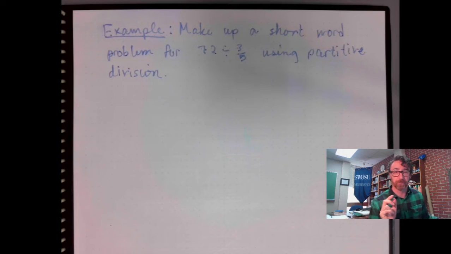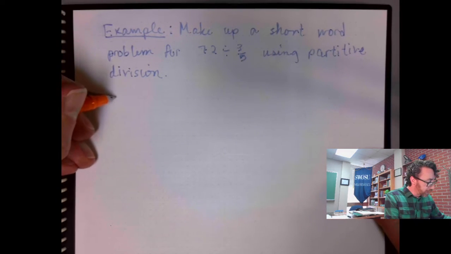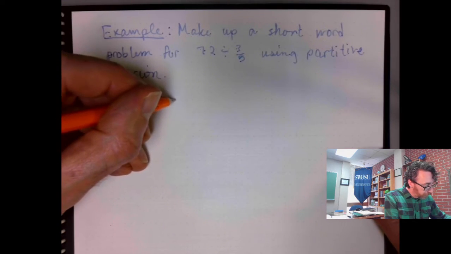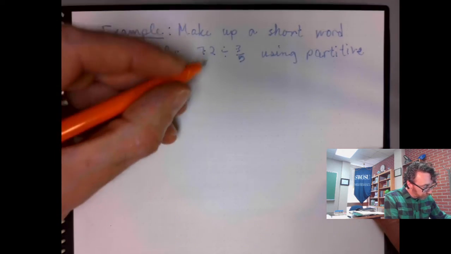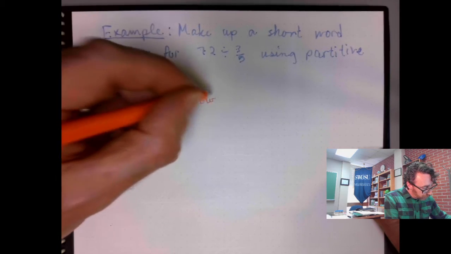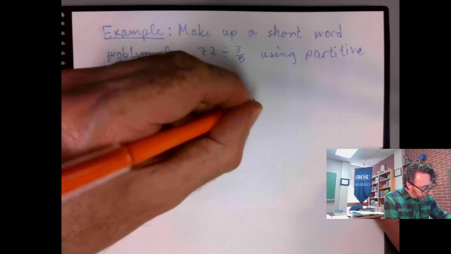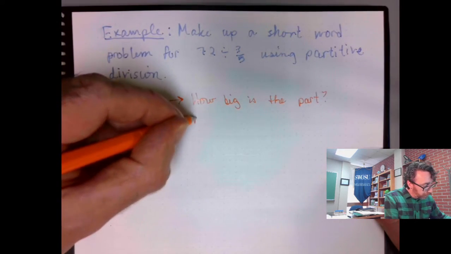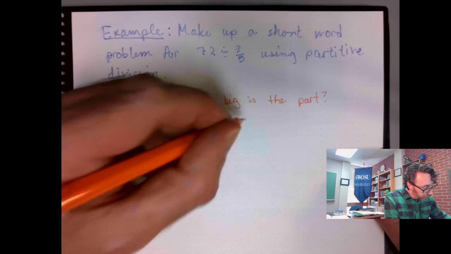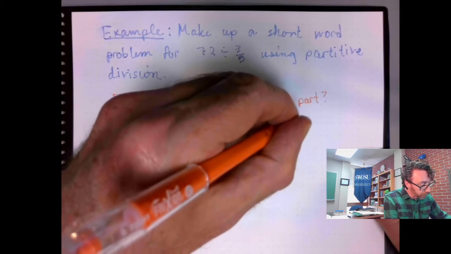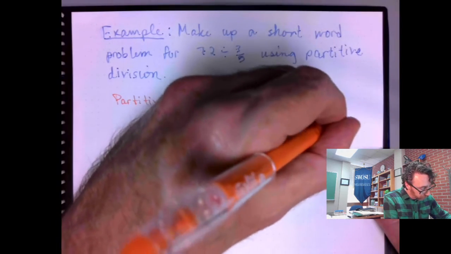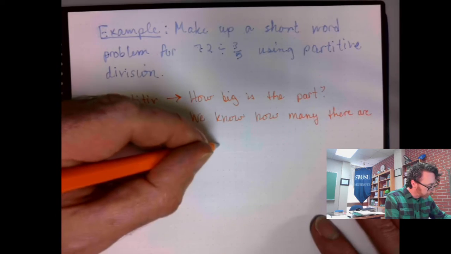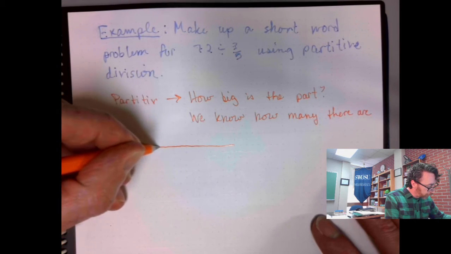And we are using partitive division. Now remember, partitive is asking how big is the part. We know how many parts there are. The question is, how big are they? So I might look at something like this.